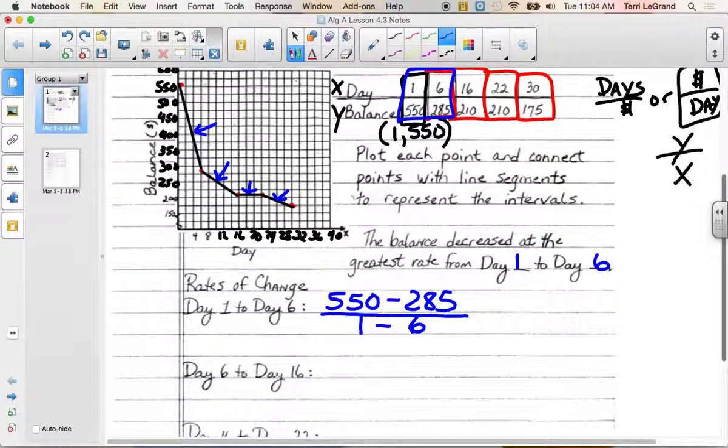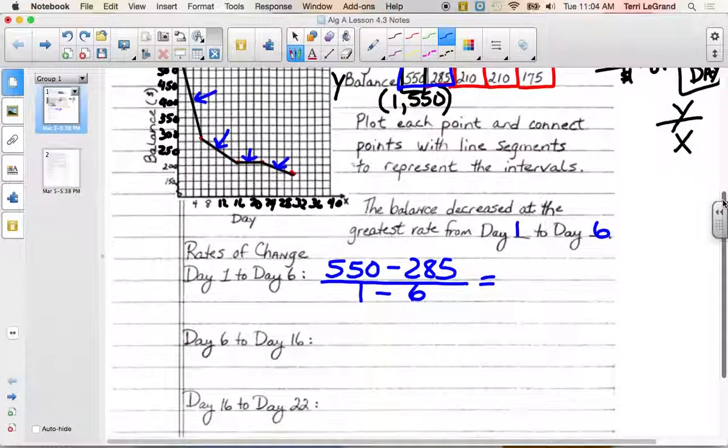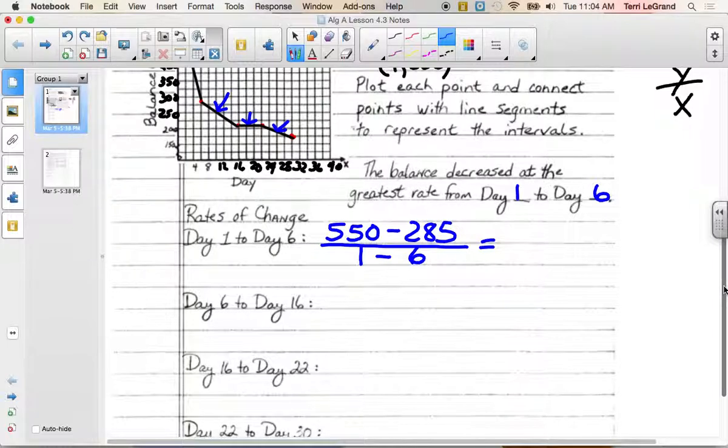The 550, take away the 285. Day 1, take away day 6. We have to keep them in the same order. Okay, what is 550 take away 285, JC? 265. 265, okay. And what's 1 take away 6? -5. -5.